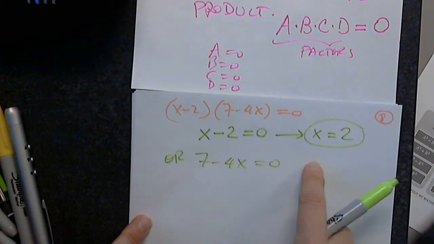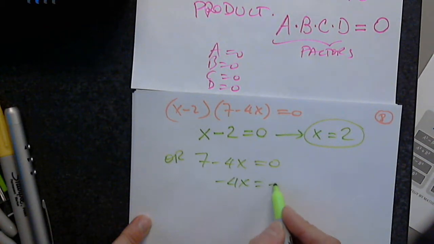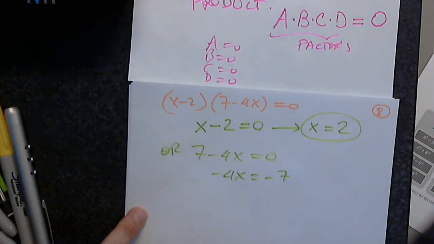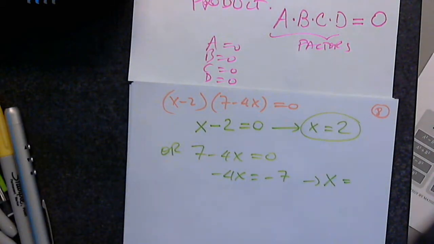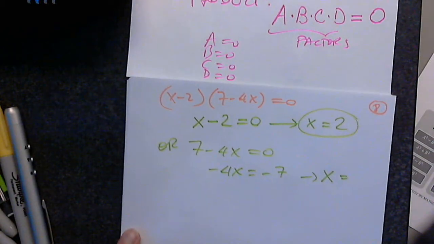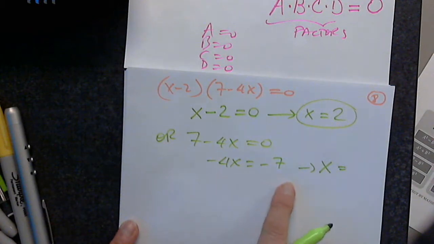Good. Now I move 7. Negative 4x equals negative 7. And from here, our second solution is? What do I have to do to both sides here to get x?